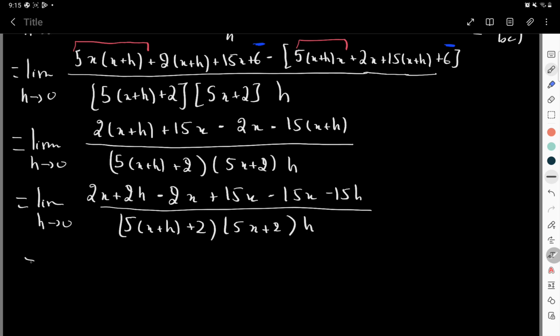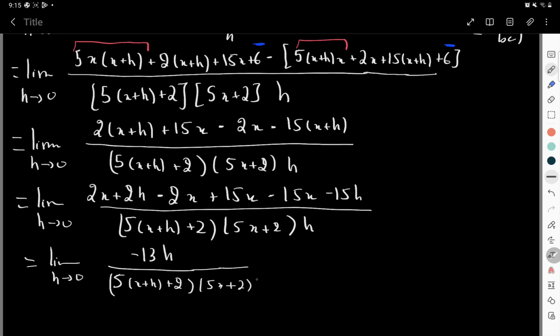Over h. And then what do you get? Boom, boom, boom. 2x goes away. 15x goes away. And then 2h minus 15h is minus 13h over 5x plus h plus 2 times 5x plus 2h.